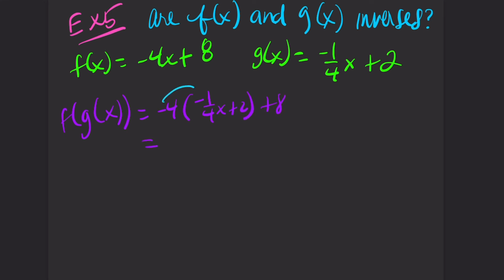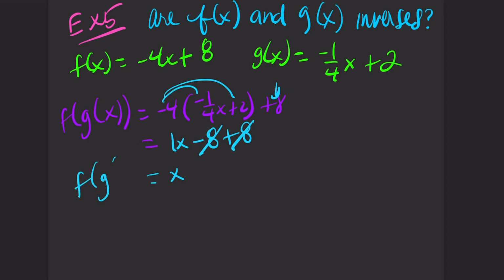Negative 4 times negative 1 over 4x is positive 1x. Negative 4 times 2 is negative 8. Bring down the plus 8. If I keep simplifying, I bring down the x. Negative 8 plus 8 is 0. So f of g of x is equal to x. So we are going good, so let me keep going.